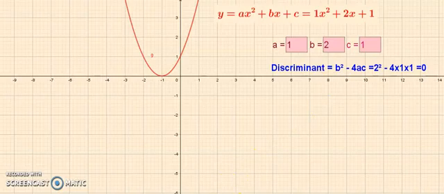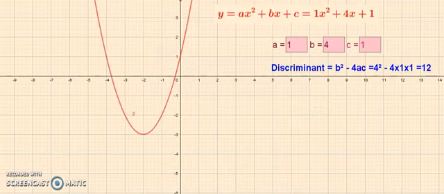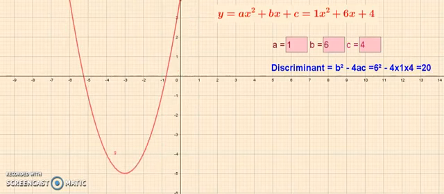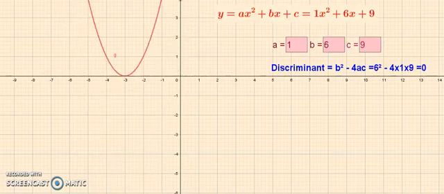Let me change b as 6, and let us change the value of c also. What is the value of the discriminant right now? 0. So when the value of the discriminant is 0, we can observe that this curve is touching the x-axis. That is, it has only one point in common.